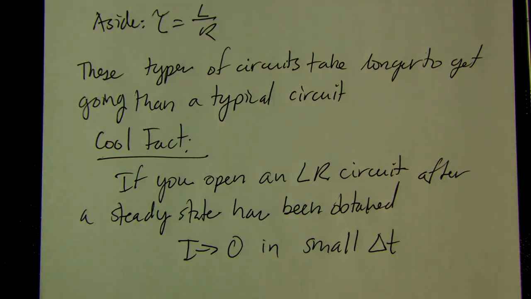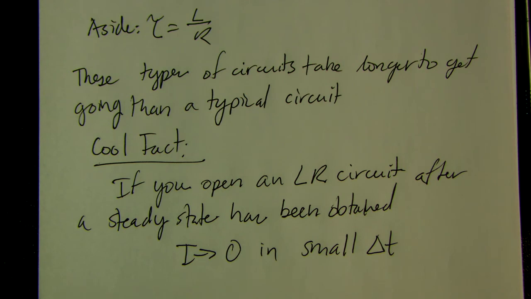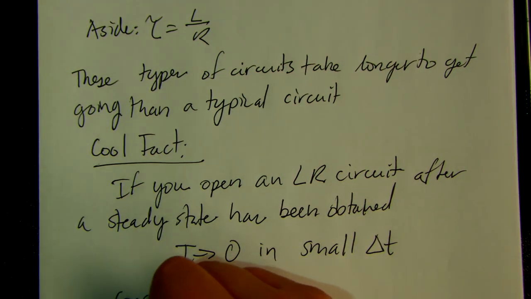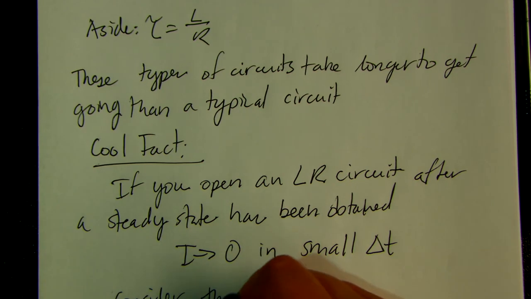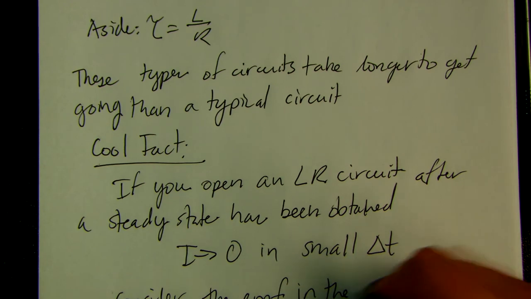This has some implications when you have an inductor, because remember, when you have a change in current with respect to time, you have a change in magnetic field, which is definitely related to something called EMF. So we need to consider the EMF in the solenoid.